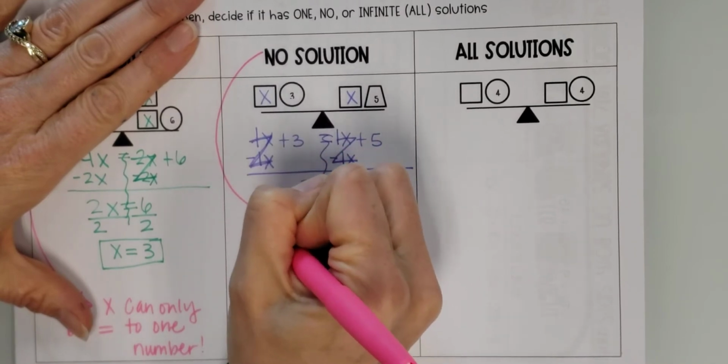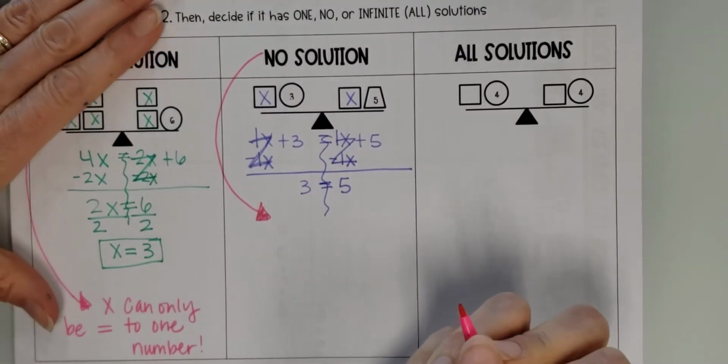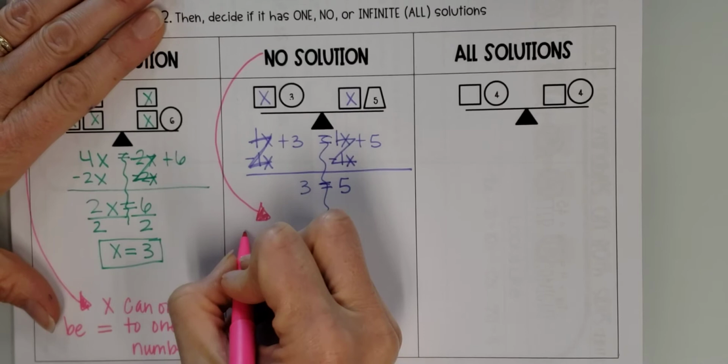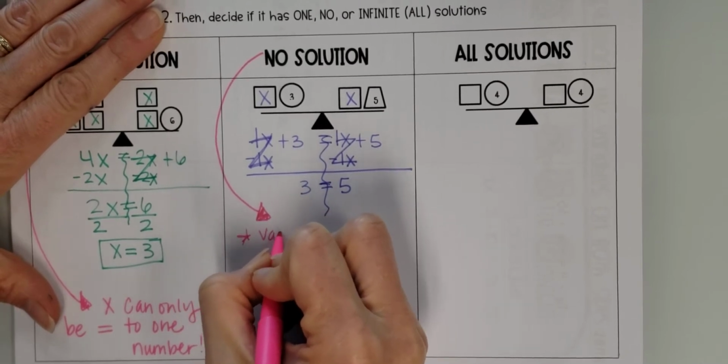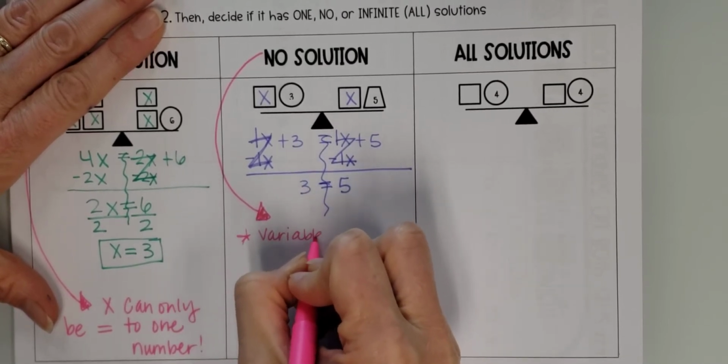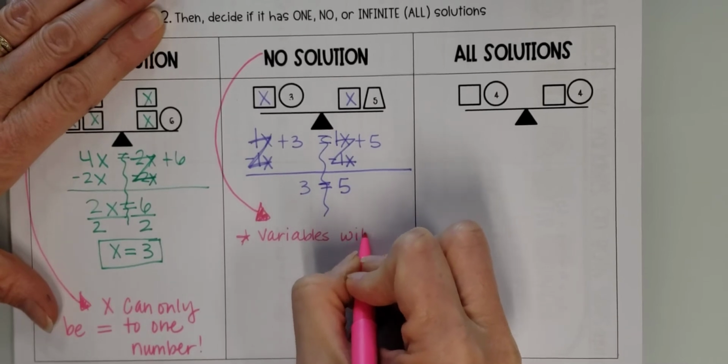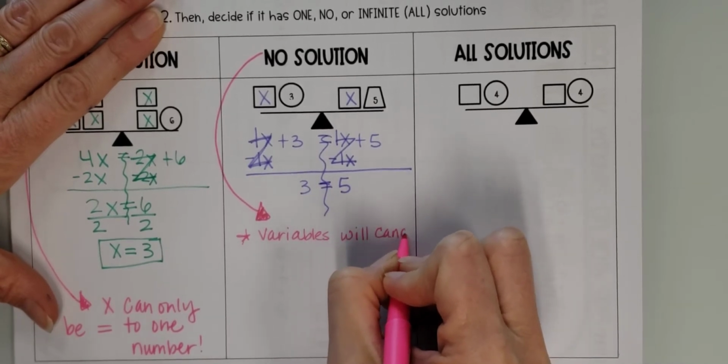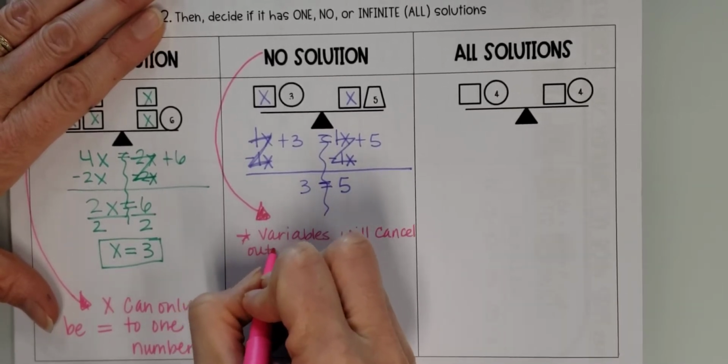Okay, so what's going to happen is, first of all, the variables are going to cancel out on both sides. It'll be all gone.